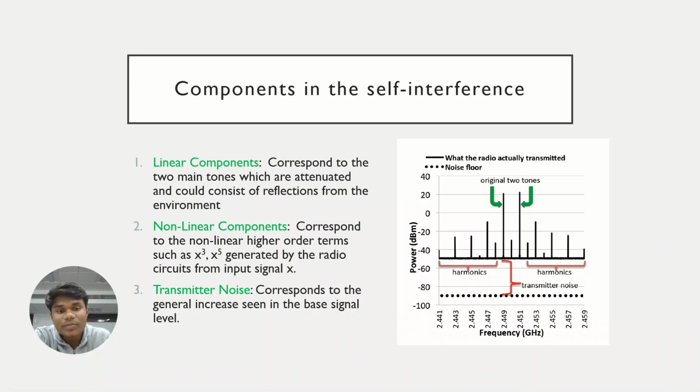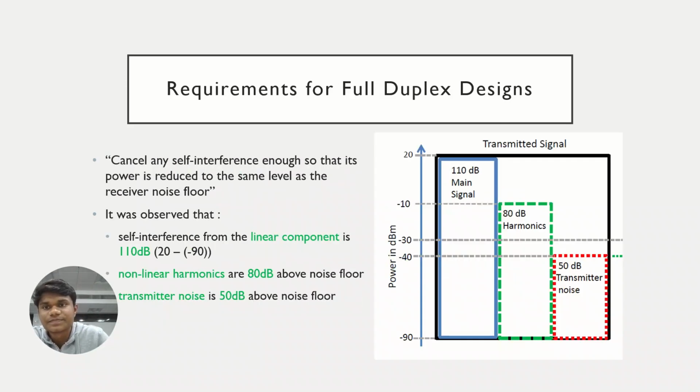These are the nonlinear components, and we see that prior to transmitting, the noise floor was present here at minus 90 dBm level. But after transmission, the noise floor has also shifted upwards. So the transmission has also increased the noise floor, which means now if we want to receive the signal, the signal that has to be received should have an even higher power level, a loss for us.